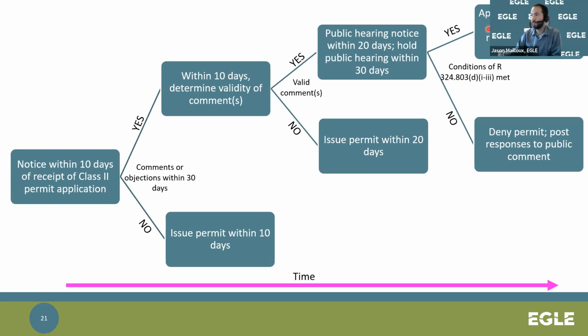Then it goes to approve the permit within 30 days and we'll post the response to public comments. Again, that will be posted on our website. And in the instance of no, the conditions of this 803D, I through III are not met, we have a similar path where we'll then deny the permit and also post the public comments on our website. So you can see there is a difference between the two timelines, depending on how all the path plays out, but still required and important for public comment, public notice.